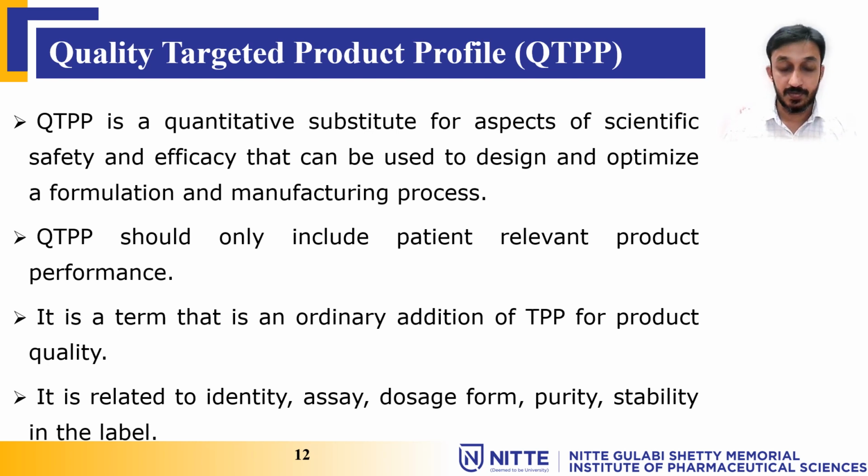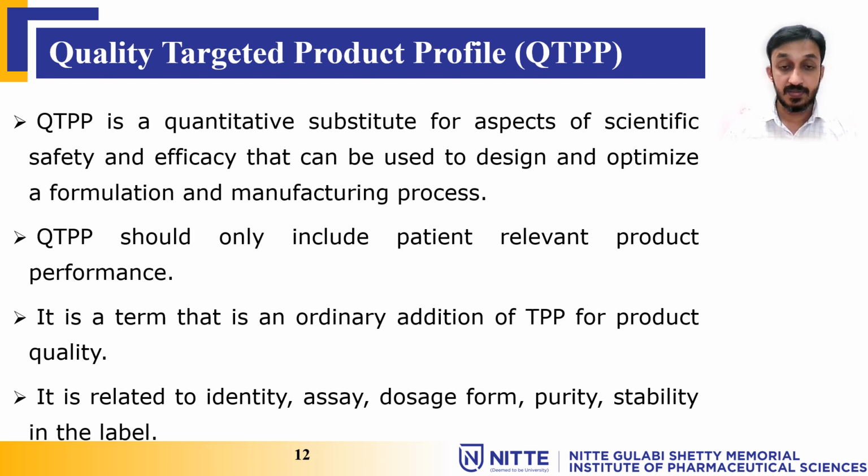Quality targeted product profile. This is slightly different product profiling. Here, this is a substitute for aspects of scientific safety and efficacy that can be used to design and optimize the formulation and manufacturing process. The quality targeted product profile should only include the patient relevant performance of the product.